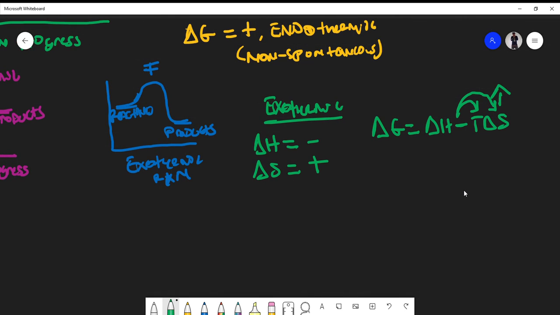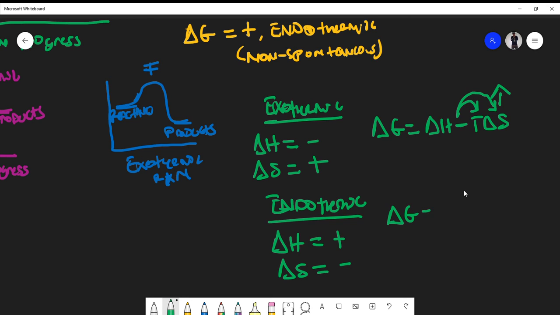So the opposite is actually true, right? If we're looking at an endothermic reaction, we actually want delta H to be positive, whereas delta S, or the entropy, to be negative. In other words, if we look at the formula, delta H is really positive, so that's a really big number, minus, well, delta S being negative is actually good, because now we're distributing a negative times a positive number in the temperature, but we're also distributing a negative times a negative number.